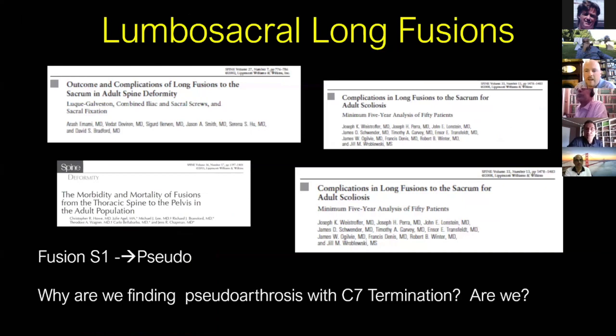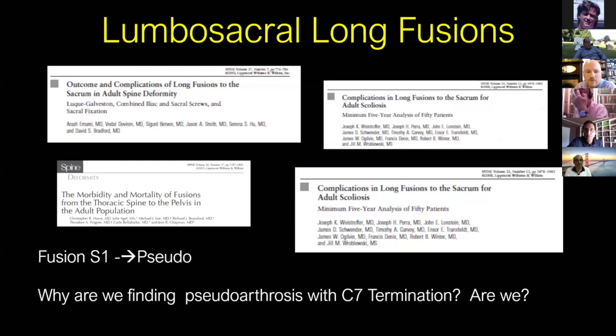So I look back at lumbosacral long fusions, which is, in my mind, something that does have a very long track of good data, good studies looking at these techniques. And when we start to break it down into the cervical thoracic junction, many of the descriptions that we have and findings are contradictory to what this data is.